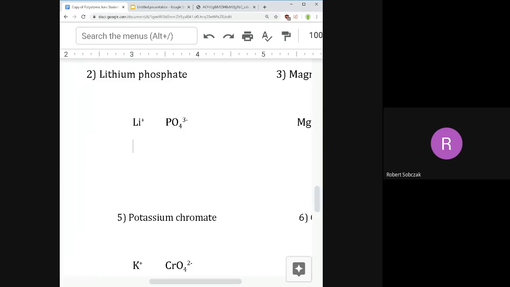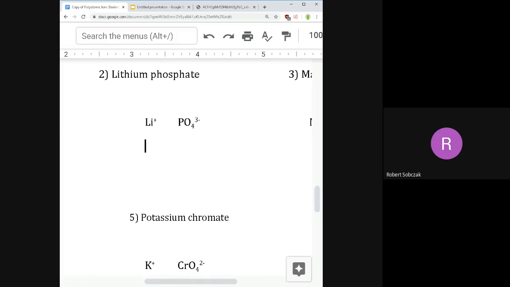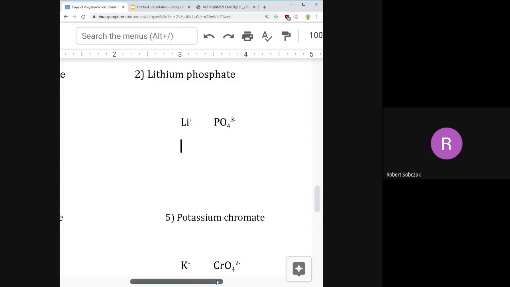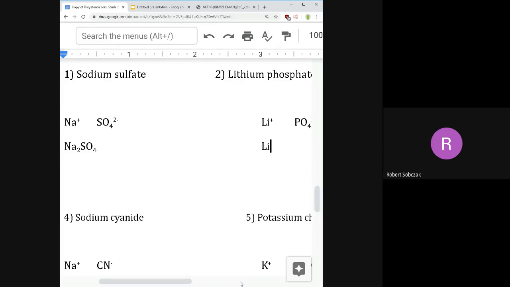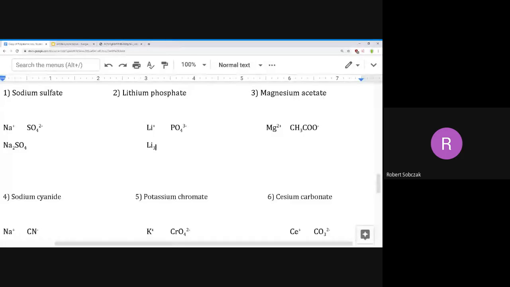Very similar. We have lithium +1. We have phosphate -3. Crisscross it. The 3 comes down to the left-hand side and attaches to lithium. So we get lithium 3, and you know what? I'm just going to make this a little bigger. There, that'll work. And the 1 slides down to the right-hand side and attaches to phosphate.